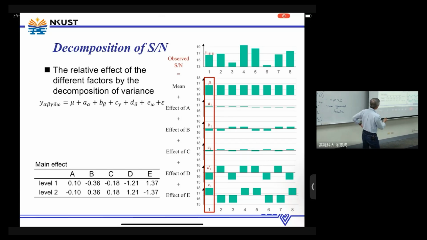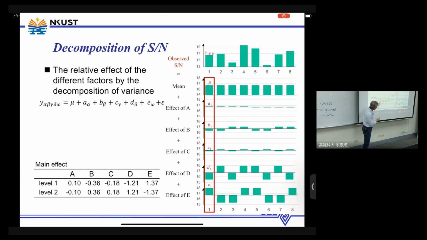Here A1 means that in the first design, the main effect A is chosen at level 1. For A1, the main effect is 0.1, a small number.